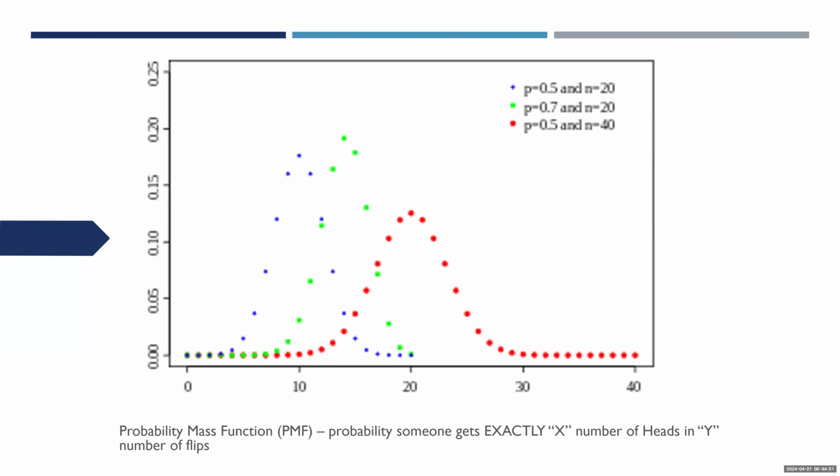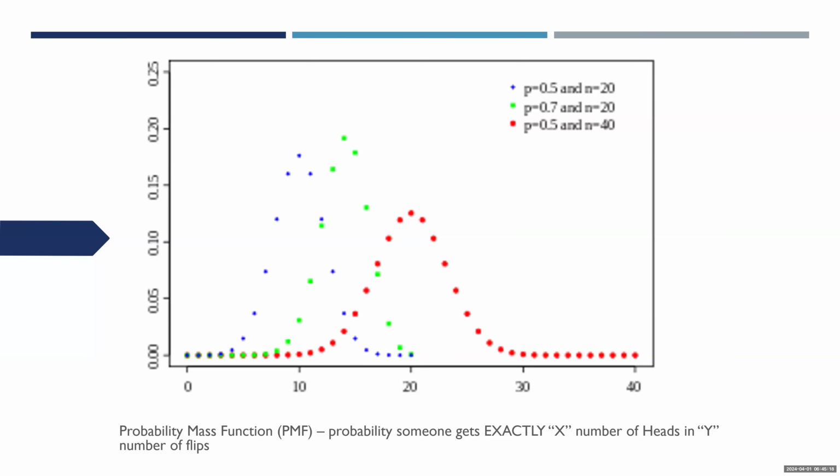So if you look at the red dots, for example, your probability of success is 50%. It's a 50-50 shot, and your number of trials is 40. And so N times P, or 40 times 0.5, means that our mean is at 20. And you see that the top of this curve indeed is at 20. And it has that bell-shaped curve the rest of the way.